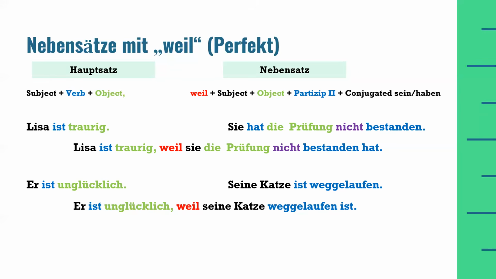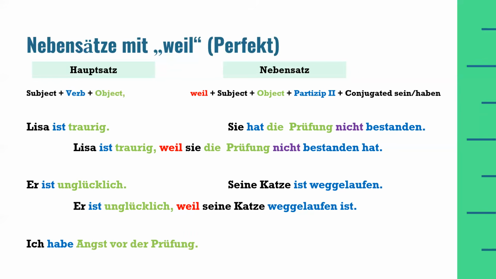Therefore, we have skipped that position, and participle zwei of weglaufen, which means run away, is weggelaufen. And because there is movement in this sentence, therefore we will use sein verb, and we will use the conjugation of sein verb with respect to seine Katze, and it will be ist. So ist will come at the last position in the sentence according to the sentence structure of Nebensatz.